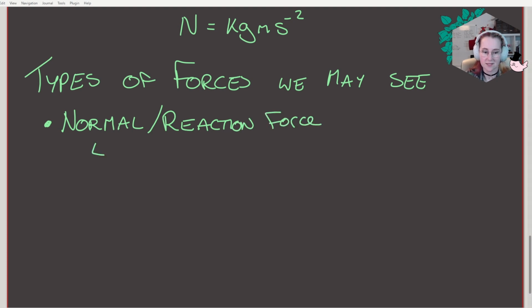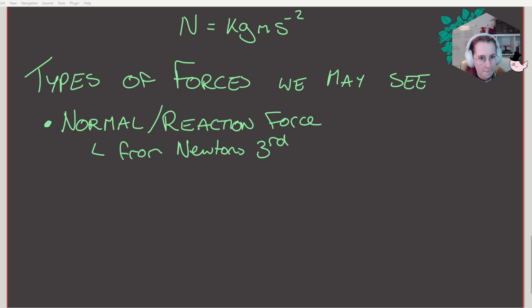This is from Newton's third law. This is where things that are on a table, for example a box on a table, the box is going to experience a reaction force or a normal force from the point of contact.